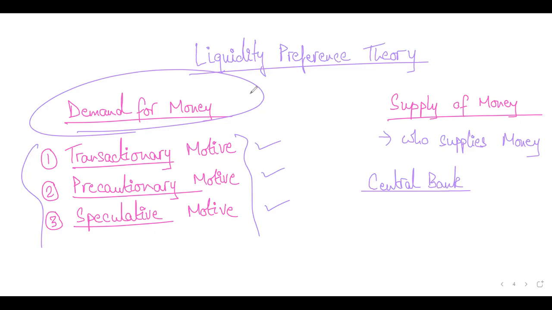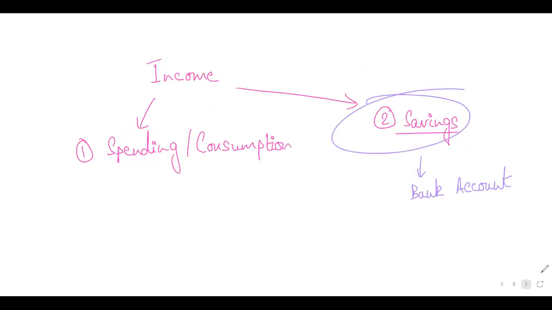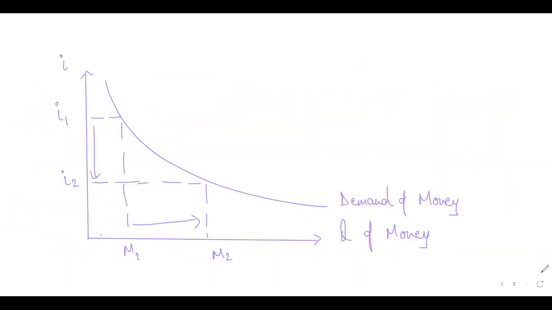Now, again, according to liquidity preference theory, the supply of money at any point in time will be fixed, which means it will be a straight vertical line.